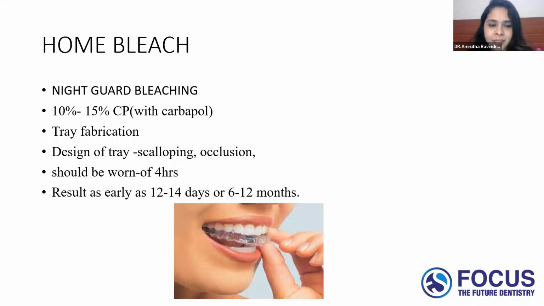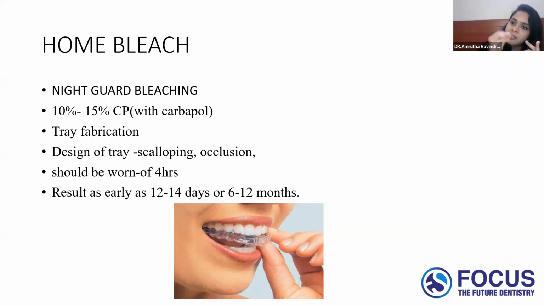Then you have another method, home bleach. Here a different kind of agent is used: carbamide peroxide, 10 to 15%. An impression is taken and a tray is fabricated with a spacer.